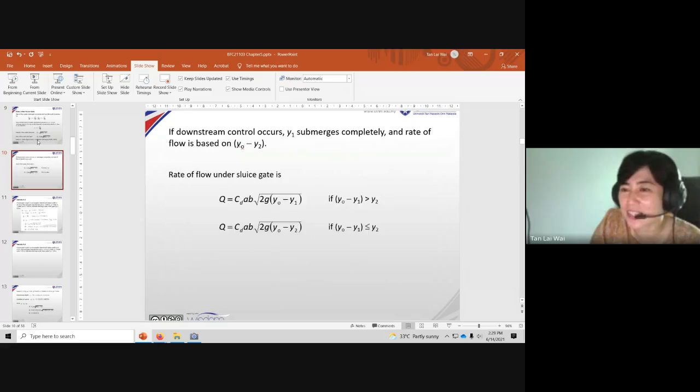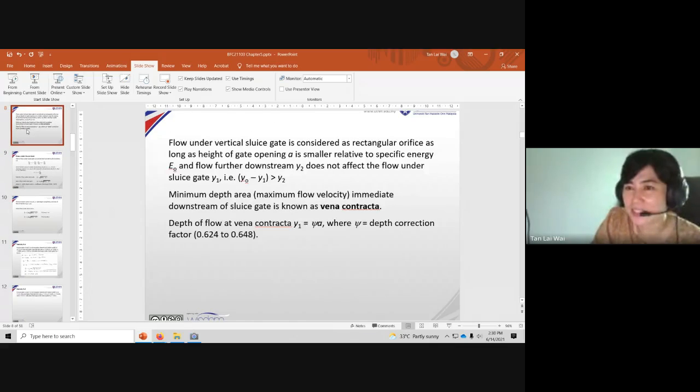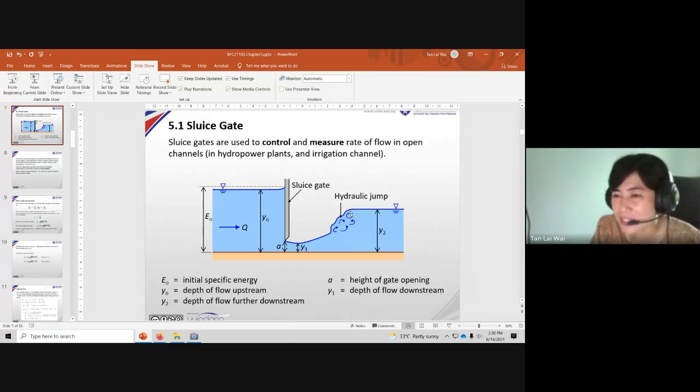Tak, okay, macam ni. Let's look at this. Why I said, if y1 is completely submerged, you have to consider y0, because maksud saya di sini y1 dah tak mempengaruhi q dah. Kalau dalam case this hydraulic jump can actually shift up to the sluice gate, so y1 will be drowned.